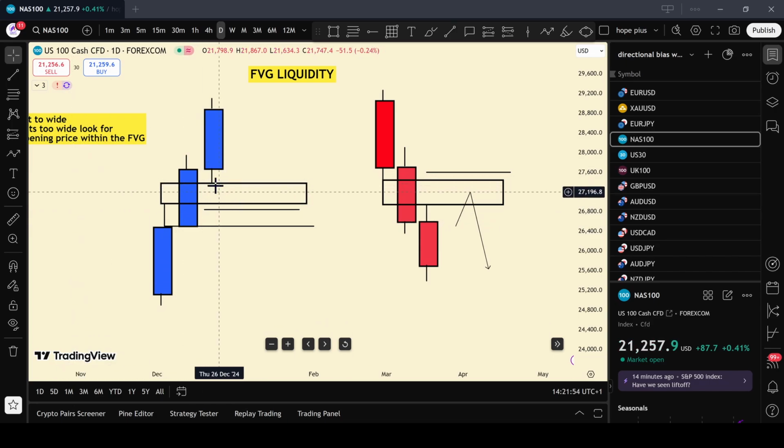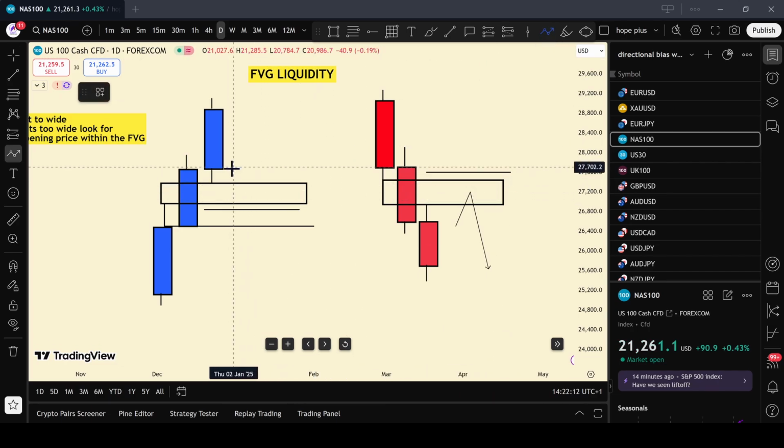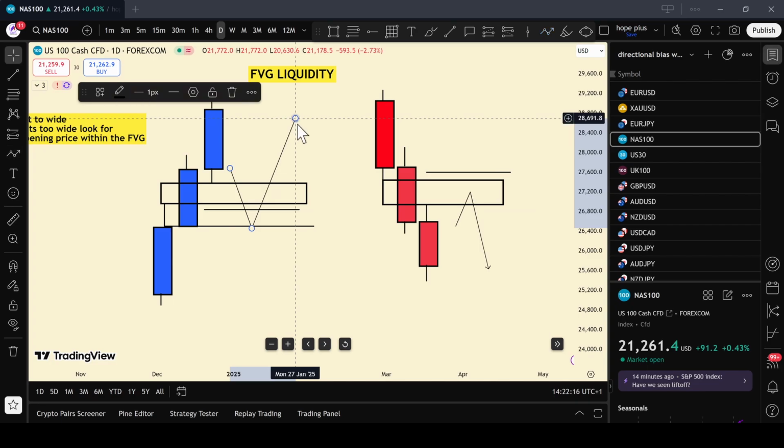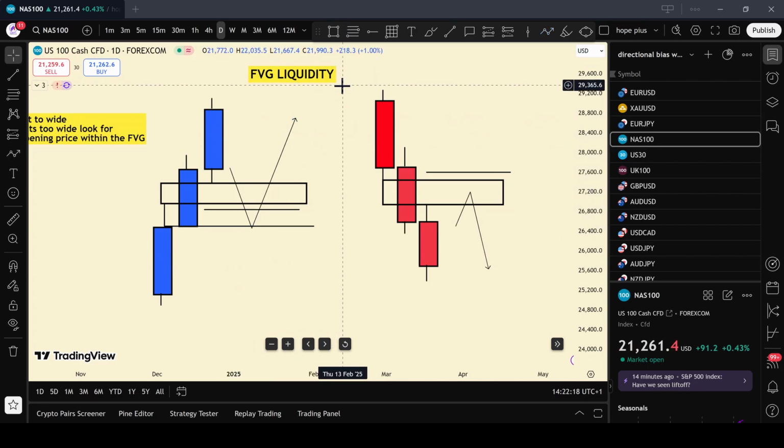Instead of entering here, I'll simply wait for the market to take out the stop loss of those that placed it below the opening price, and then I take this trade here. So what I would expect the market to do is come back down, tap in here, and then start moving in my direction.